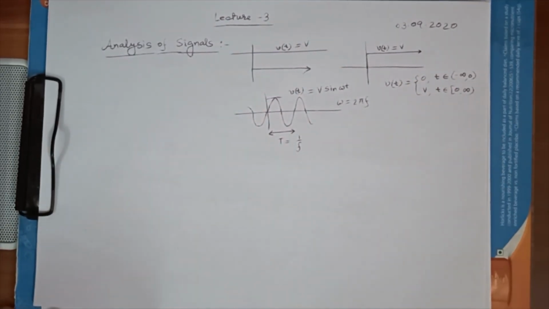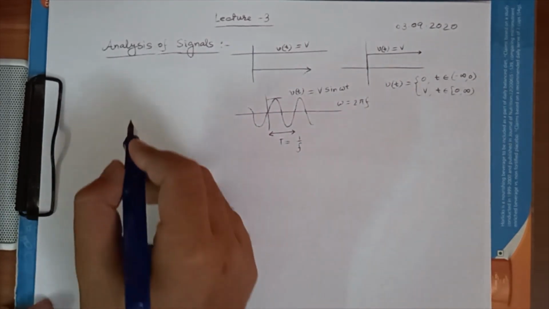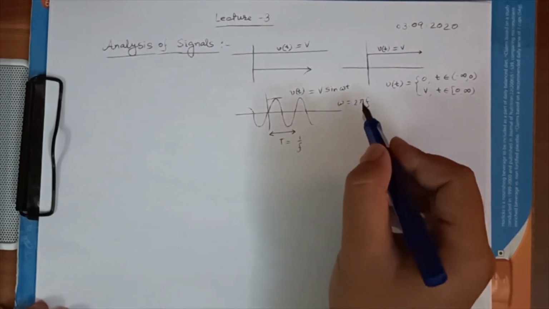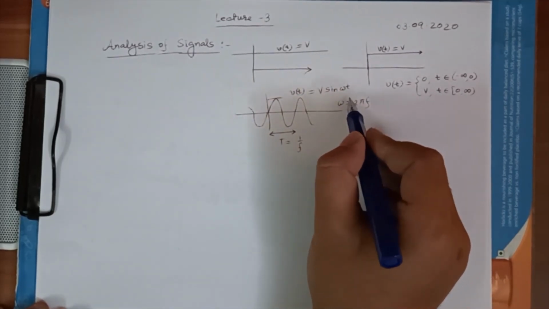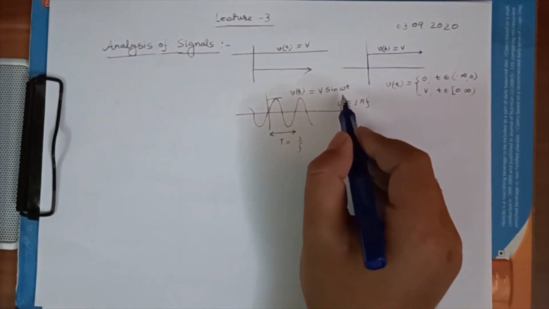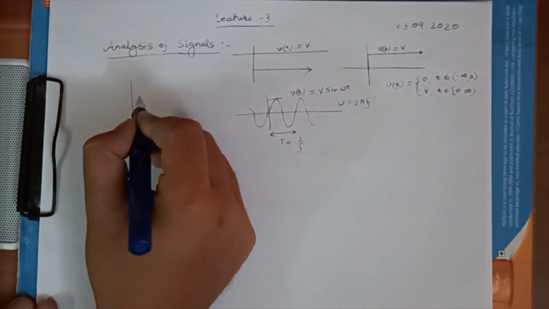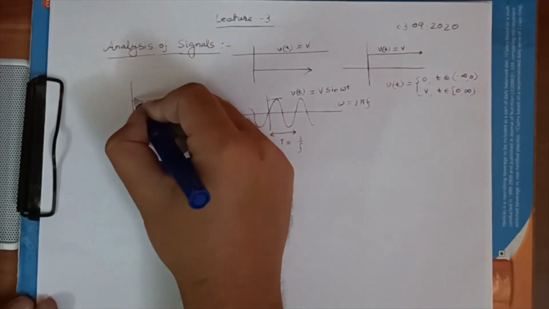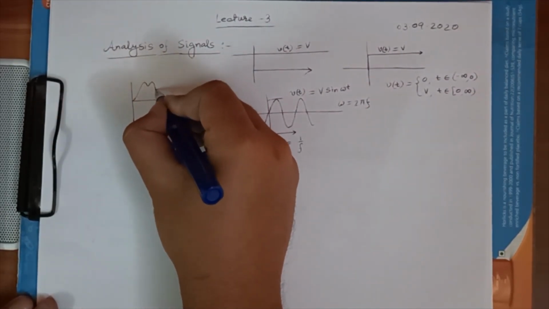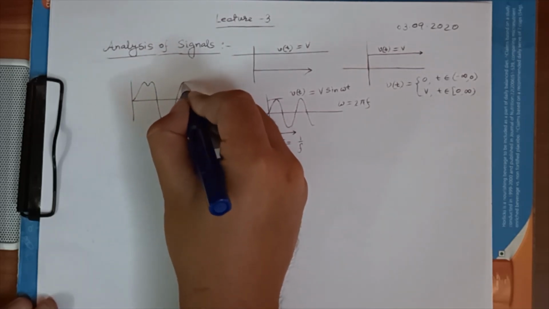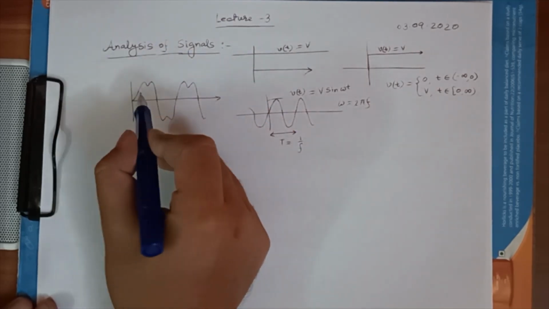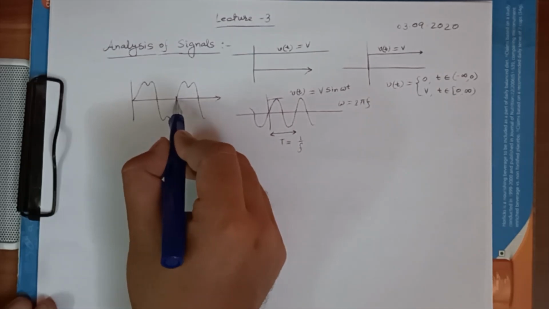So these kinds of idealized signals we have seen. However, it is possible to have various other kinds of signals as well, which may not have some regular functional representation. So these functions are very much well-known functions. For example, if I draw something like this, it may be periodic. It can have a similar kind of repetition.